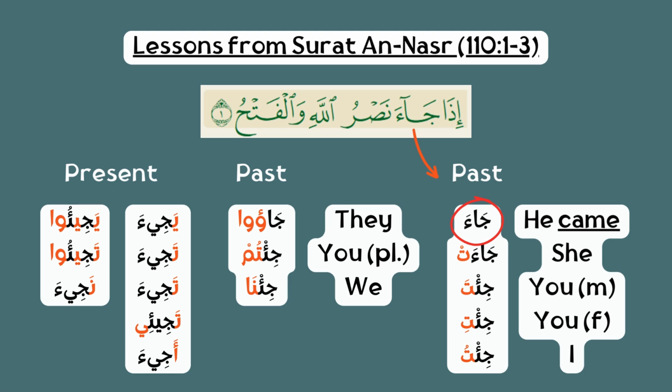Okay, instead of saying jittu, "I came," they would usually say ajit. So it's really based on the accent. Ja'u, jittum, jitna. Usually, maybe jitna would be ajina. This particular verb is a bit complicated, but you can see that the street way of saying it is very similar, but a little bit different. But this is the general concept of verbs in Arabic. You have to add something before and after it sometimes to change who it's talking about.